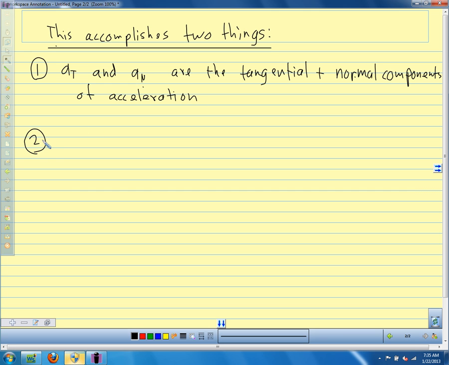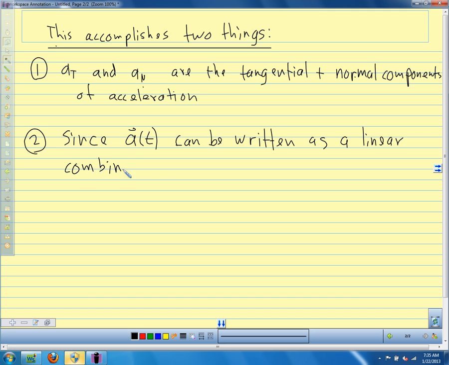The second thing that we accomplished is that since our acceleration vector as a function of time can be written as a linear combination of our unit tangent vector and our unit normal vector, anybody know what this guarantees us about our acceleration?